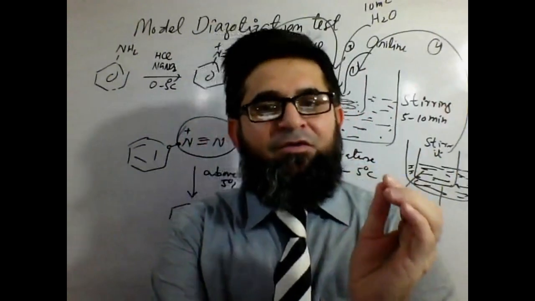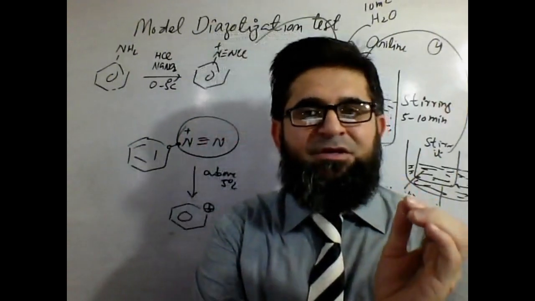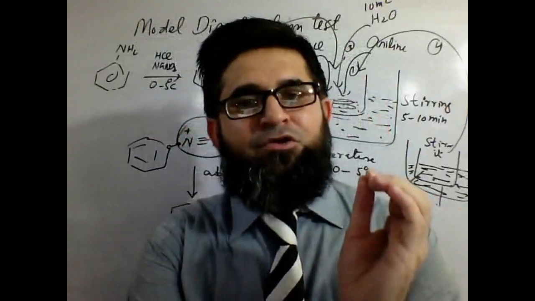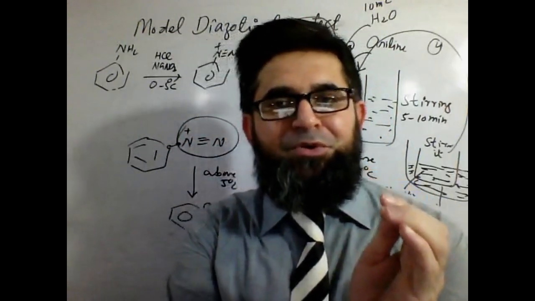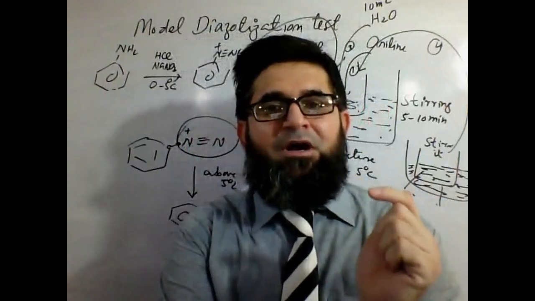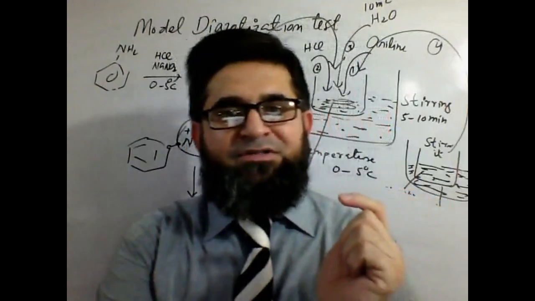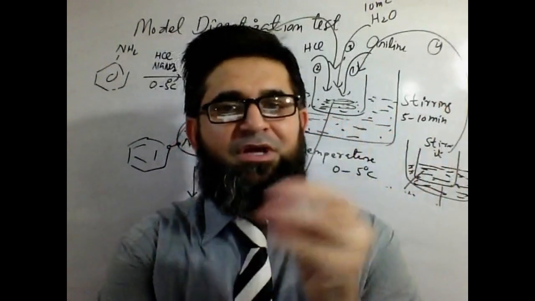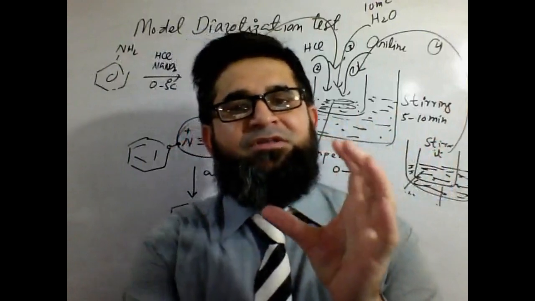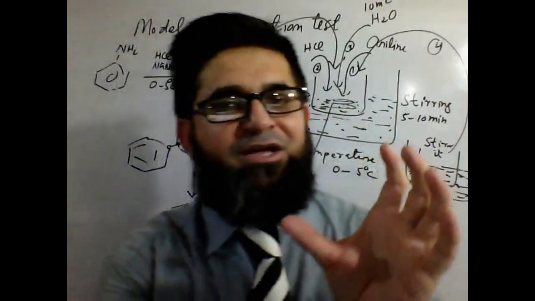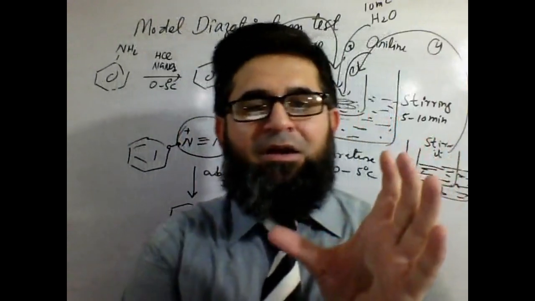Why? We have an idea. Amines do react with sodium nitrite and HCl to produce diazonium salts, and those diazonium salts are in fact electrophiles in nature, and they have the ability to couple with other aromatic compounds, resulting in the formation of azo compounds, azo salts, colorant salts.